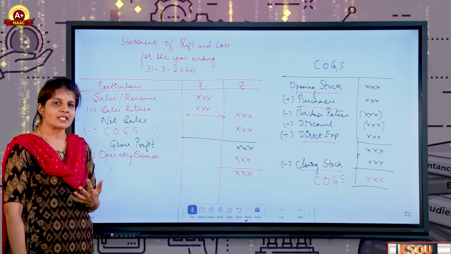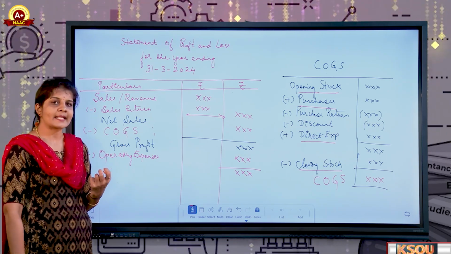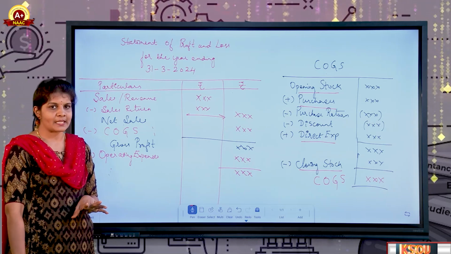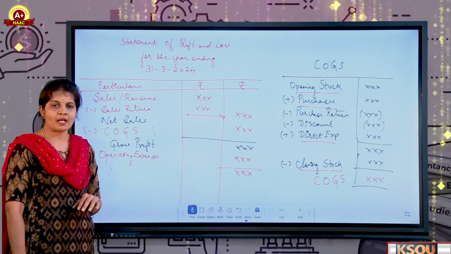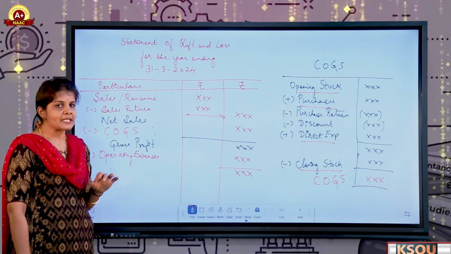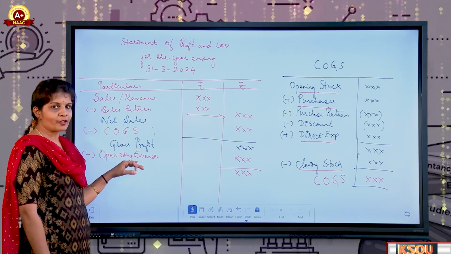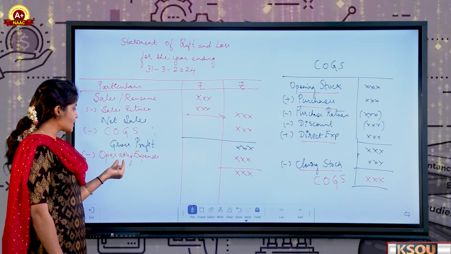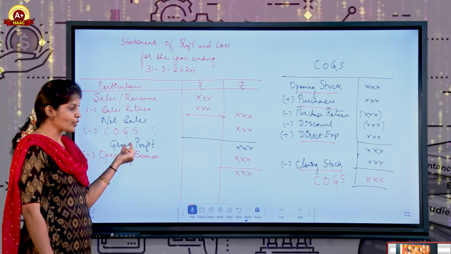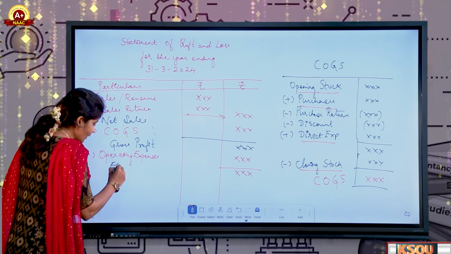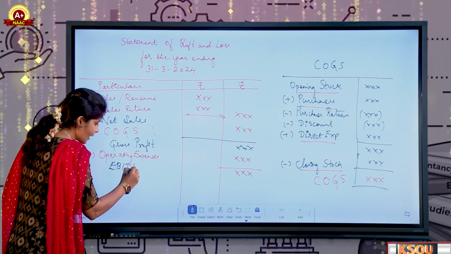All these are indirect expenses called office and administrative expenses, incurred for meeting the day-to-day activities of the business. If you deduct these operating expenses from the gross profit, the balance is called EBITDA. We say this as EBITDA.